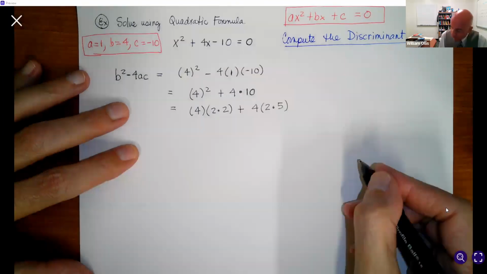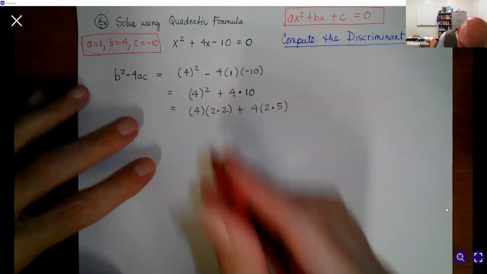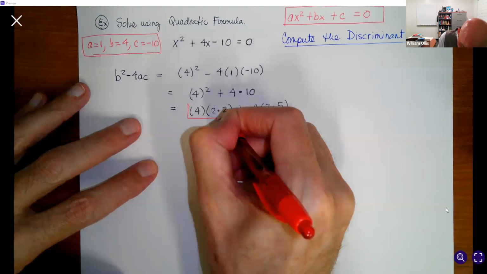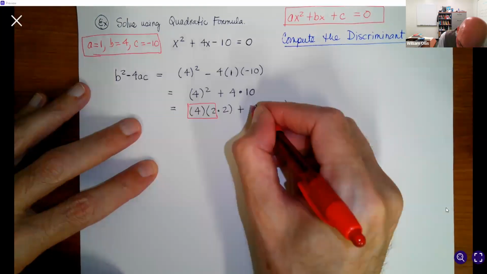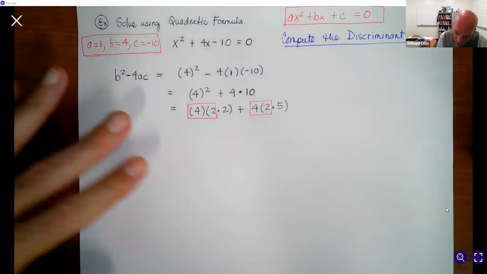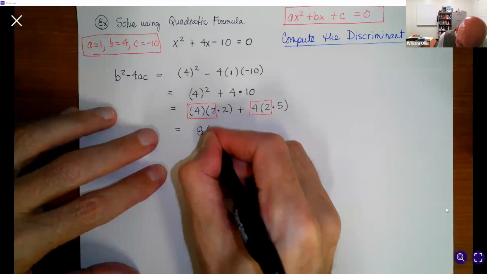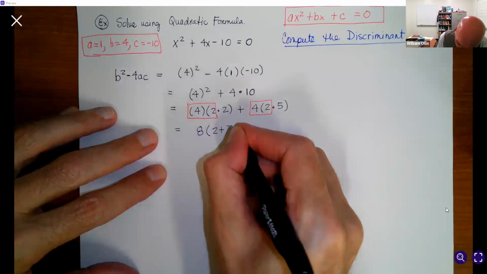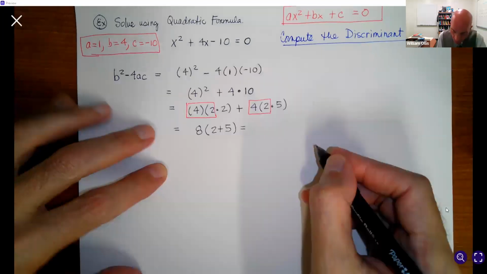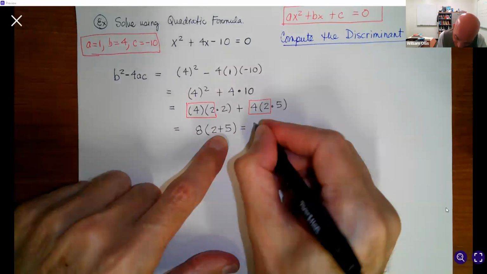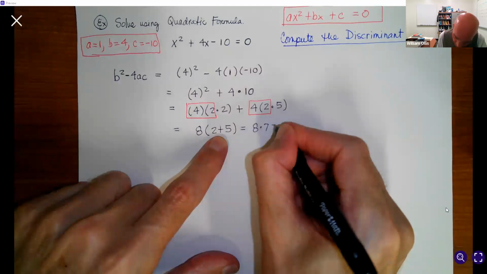Because 10 is 2 times 5. And then so now you're thinking, well, we've got common factors here. We have a 4 times 2 here and a 4 times 2 here. Those are both 8. So we get 8 times 2 plus 5. Well, that's 7. So that's 8 times a 7, which is a 56.